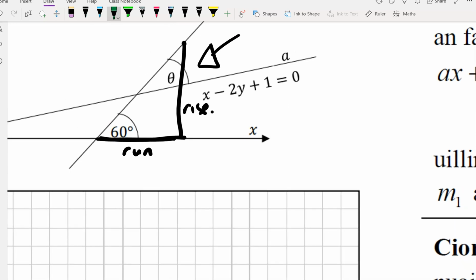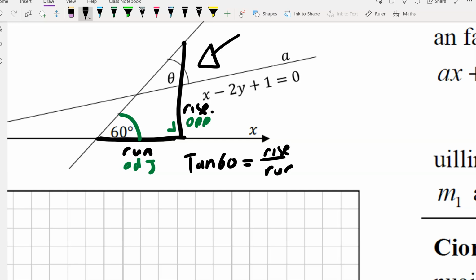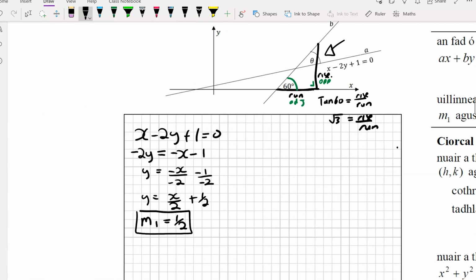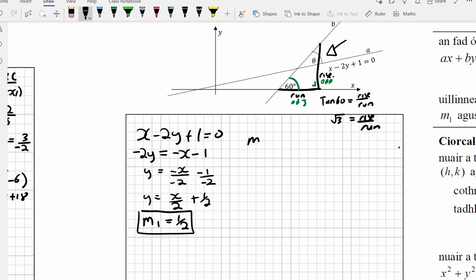Of course, if we've got an angle of 60 degrees here, this is a right-angled triangle, the rise is the opposite, and the run is the adjacent. And opposite and adjacent are used in tan. So tan 60 degrees must be equal to opposite over adjacent, or in this case, rise over run. So I look up my tan of 60 degrees and I get root 3. So root 3 is the slope of that. So my m2 is root 3.